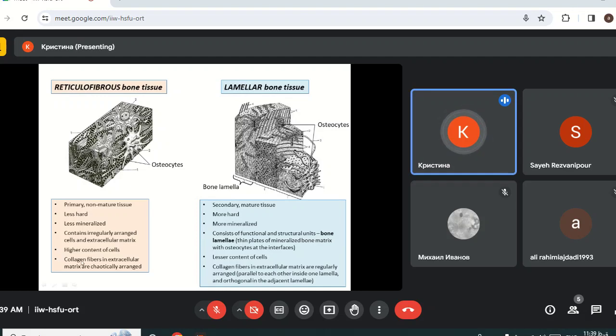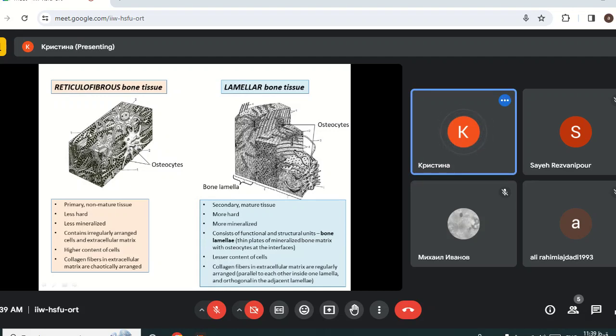In reticulofibrous bone tissue we have a higher content of cells. It means more cells, less extracellular matrix. In lamellar bone tissue we have a lesser content of cells. It means fewer osteocytes, more extracellular matrix. And finally, in reticulofibrous bone tissue, the collagen fibers in extracellular matrix, which are striated in this picture, are located chaotically with no order.